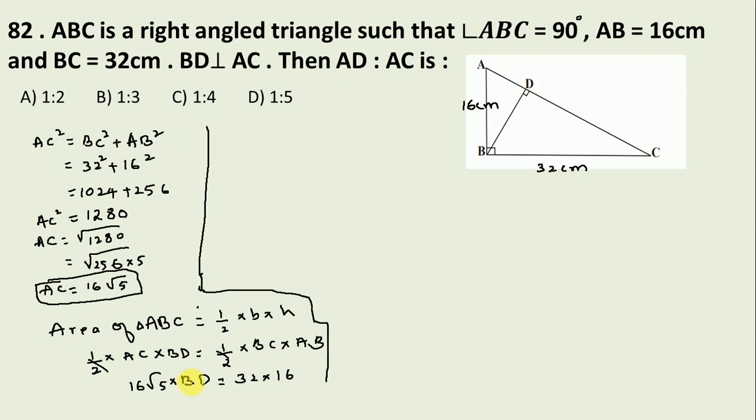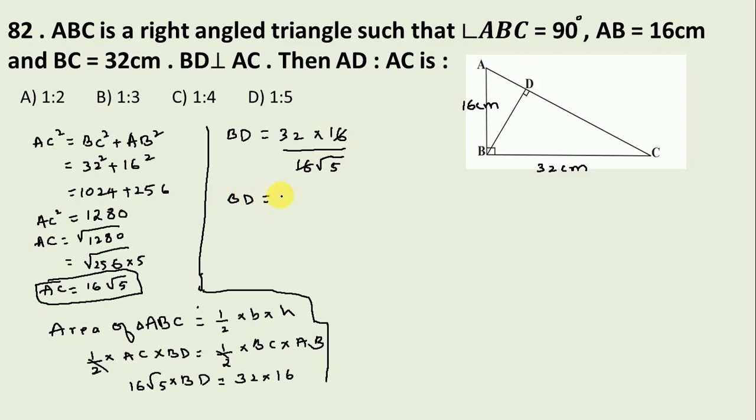We keep BD here only. Take 16 root 5 to the other side; it goes in the denominator. That is, BD is equal to 32 into 16 divided by 16 root 5. 16 gets cancelled.